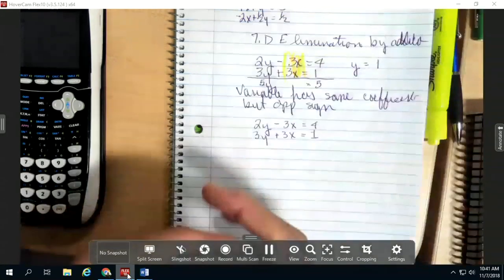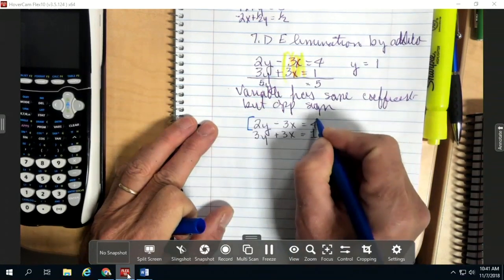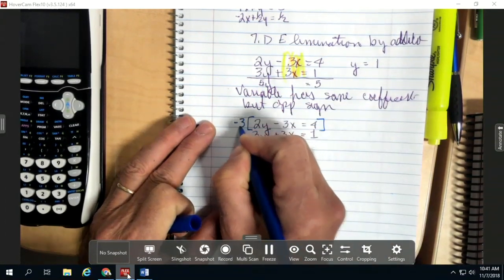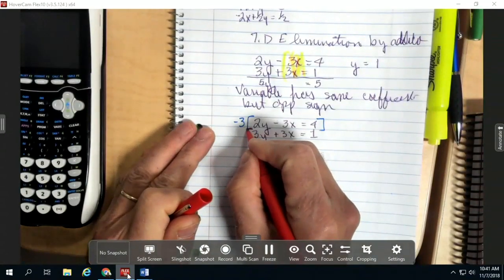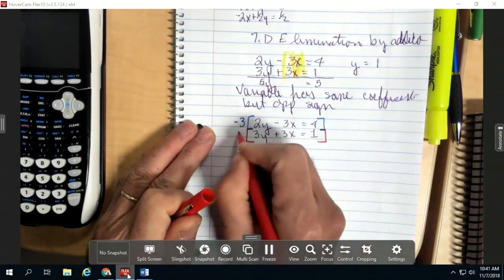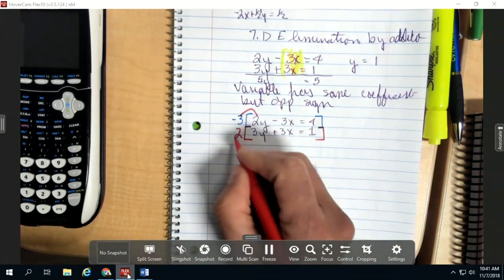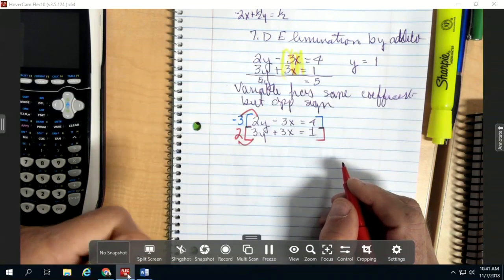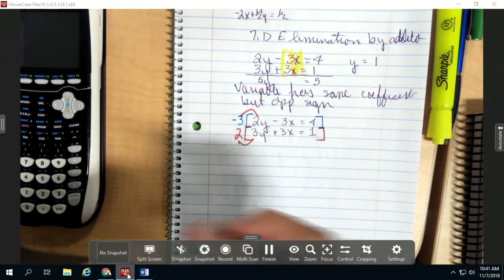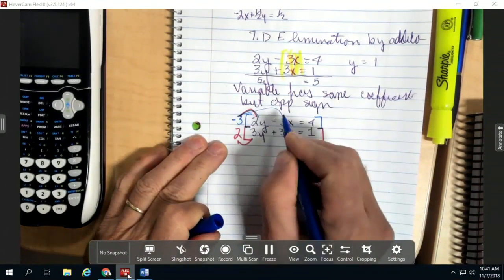Multiply the top equation by negative 3 and the bottom equation by positive 2. So that these two numbers equal negative 6. These two numbers equal positive 6. So the first equation becomes, now remember, you got to do it times each part.